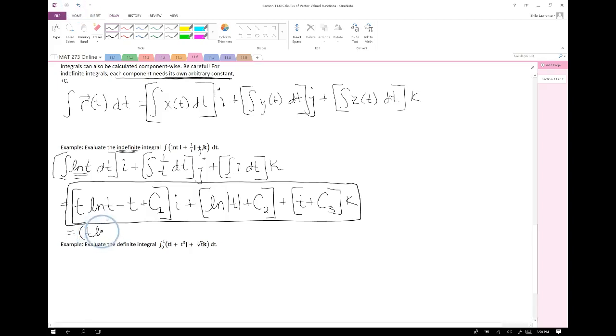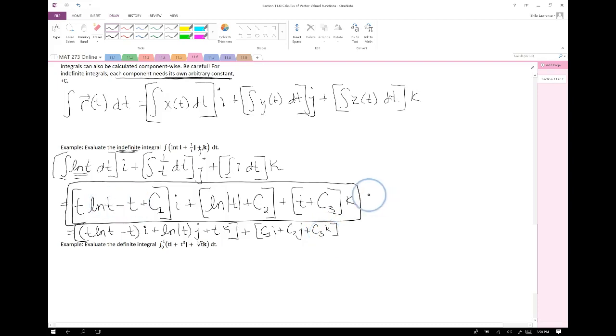So t natural log of t minus t i plus natural log absolute value of t j plus t k. So those are all the functions we got back from the antiderivative, and then we could also have a c1 i plus c2 j plus c3 k. So I've sometimes seen it written like this.